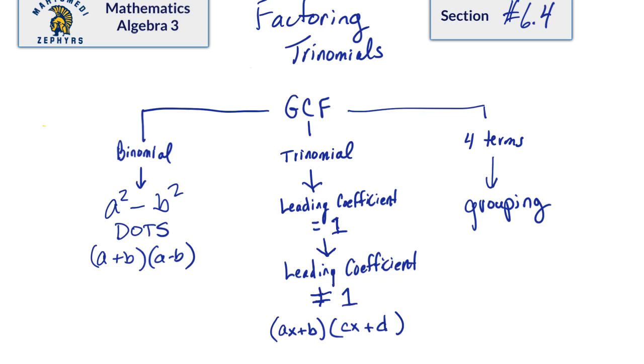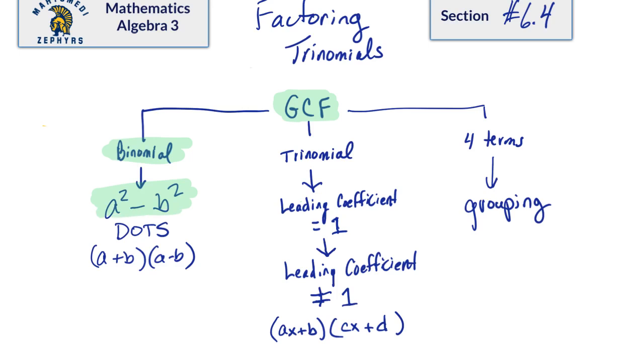Okay, yesterday we looked at a couple different items. We looked at factoring with a greatest common factor, pulling out a term that's the same in every term, a common factor. Then, after that, we looked at some binomials that were of a certain form.